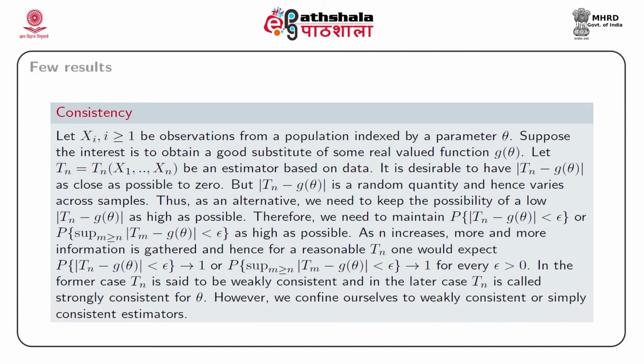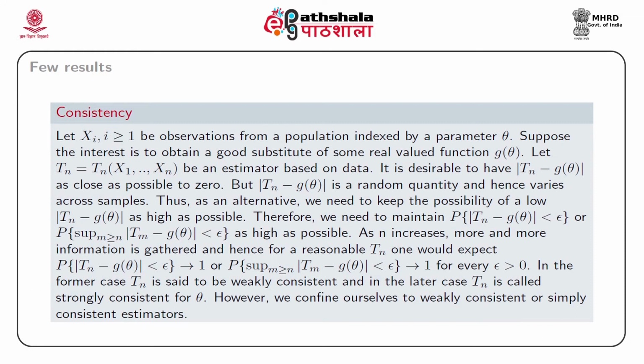This is the ideal situation, but this distance is a random quantity and hence varies across samples. Thus, as an alternative, we need to keep the probability that this distance is less than epsilon, for some positive epsilon, as high as possible.